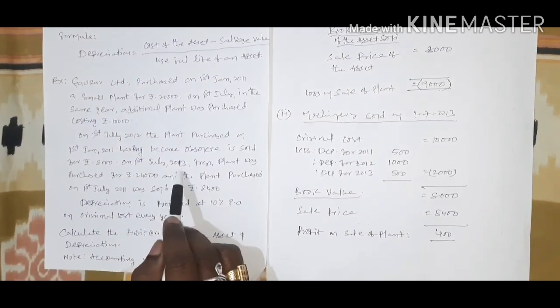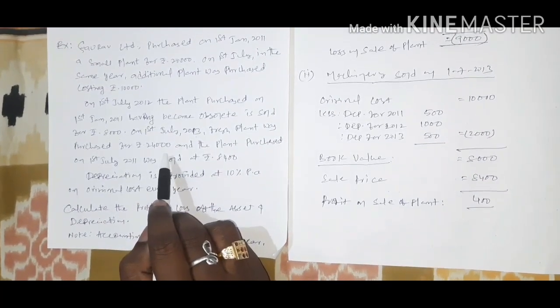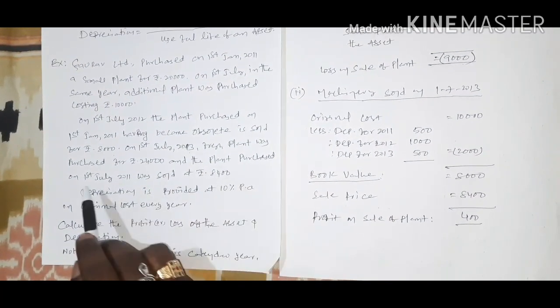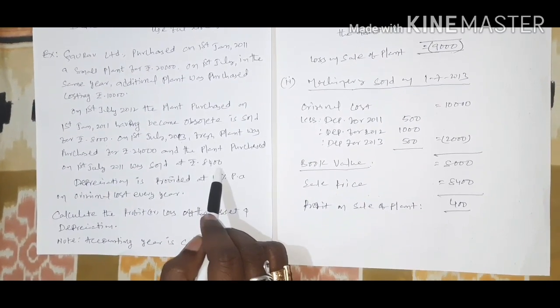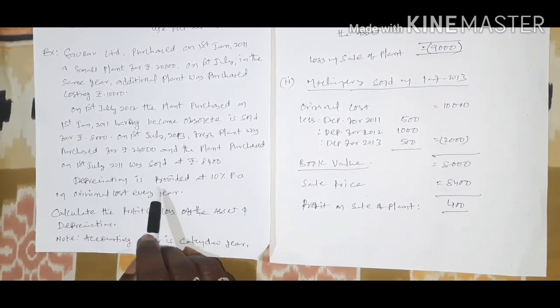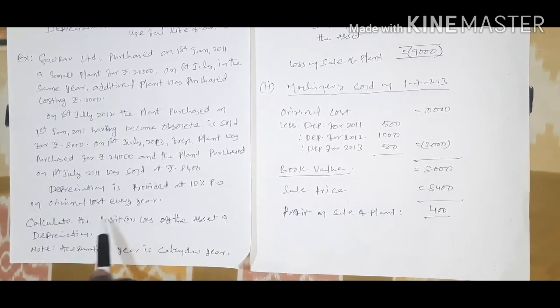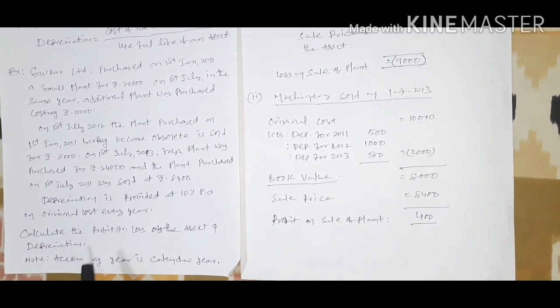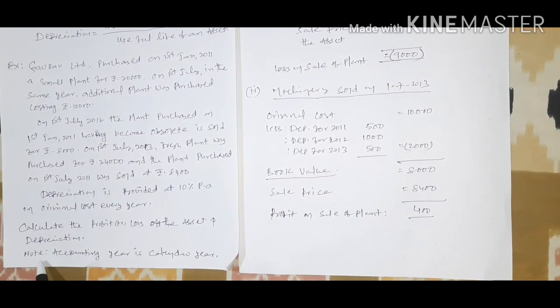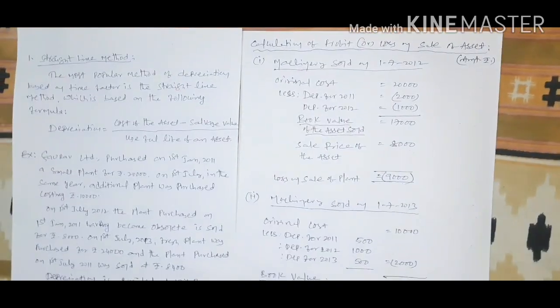On 1st July 2013, a fresh plant was purchased for rupees 24,000 and the plant purchased on 1st July 2011 was sold at rupees 8,400. Depreciation is provided at 10% per annum on original cost every year. Calculate the profit or loss on sale of the asset and depreciation. Friends, there is a note: the accounting year is the calendar year, that is January 1st to 31st December.